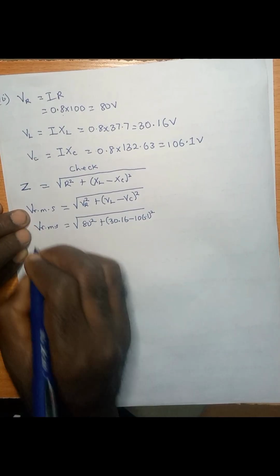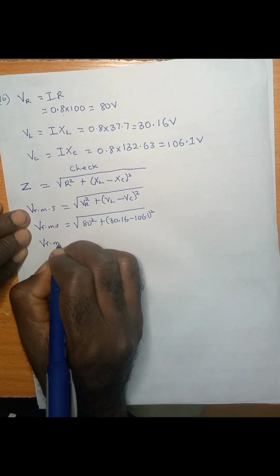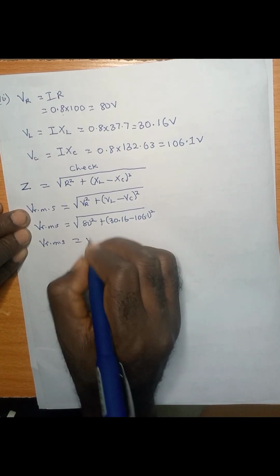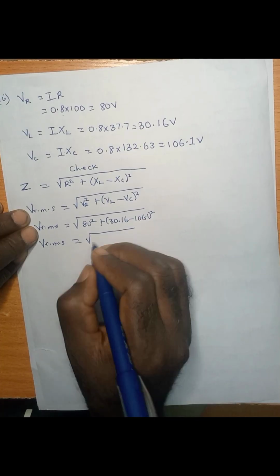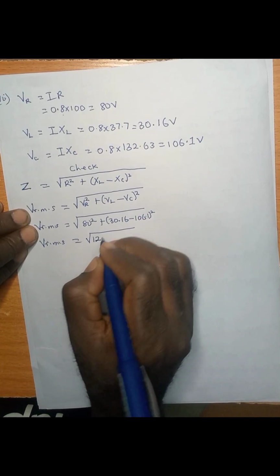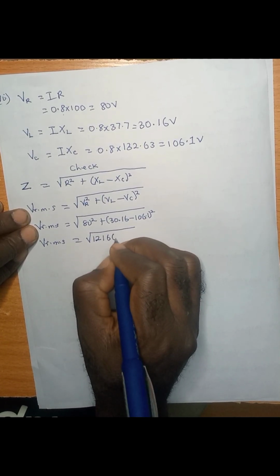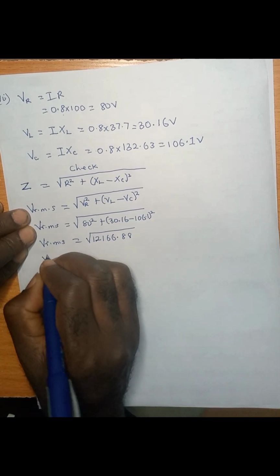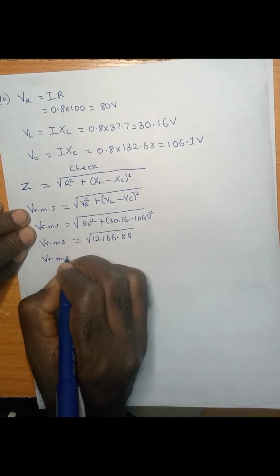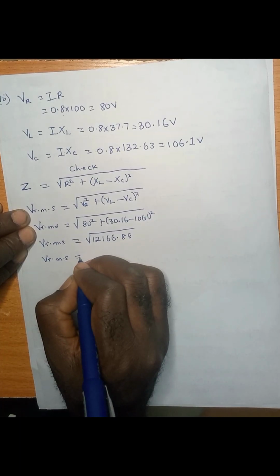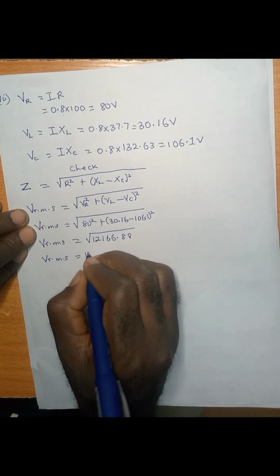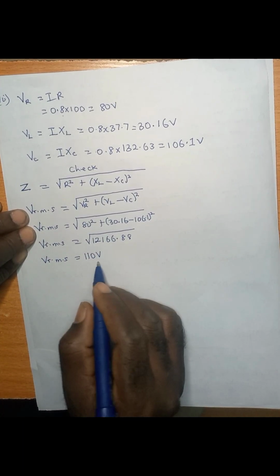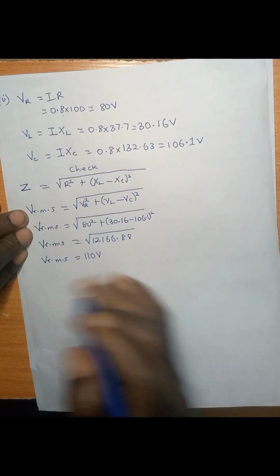When we do this, we have V root mean square equal to the square root of 12166.88. When we take the square root, we find that V is equal to 110 volts, which is what is given in the circuit, which is correct.